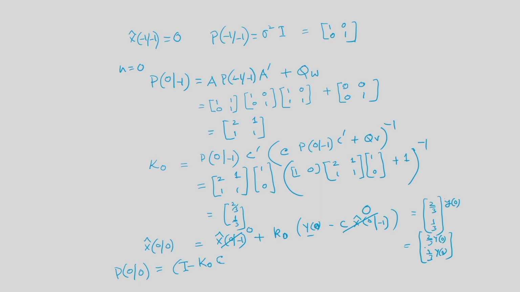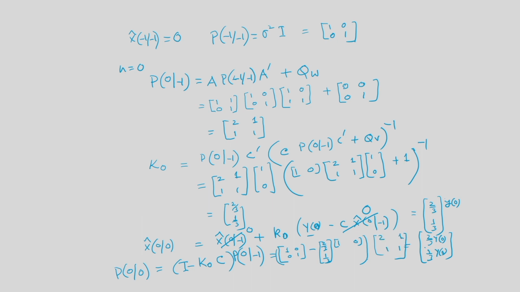We know all these quantities. The identity matrix is 1 0 0 1, K0 is 2/3 1/3, C is 1 0, and P of 0 given minus 1 is given by 2 1 1 1.